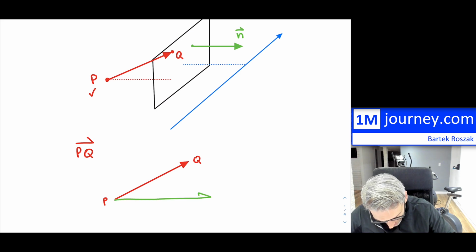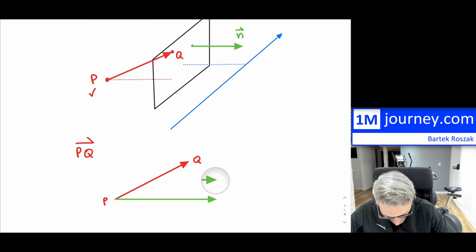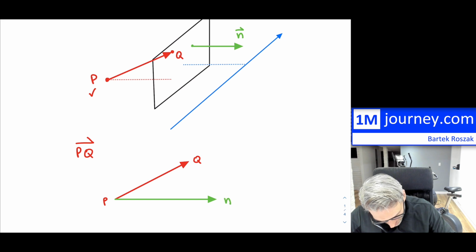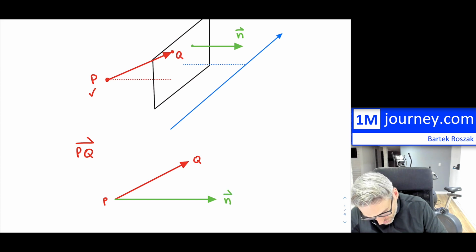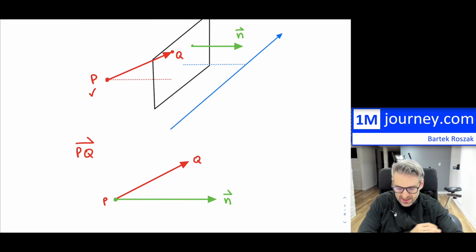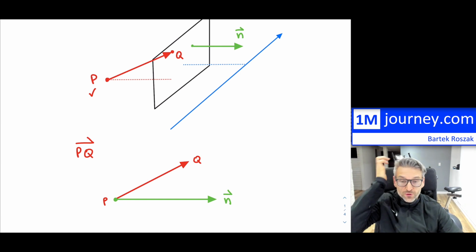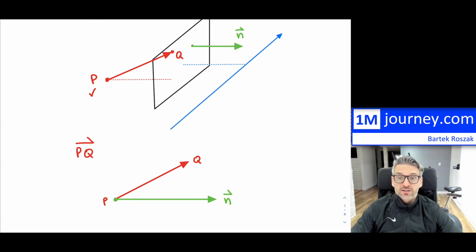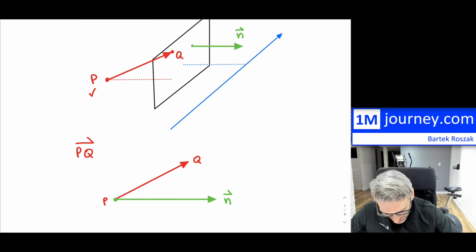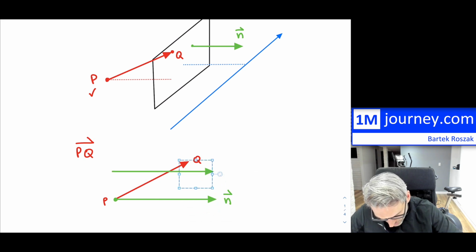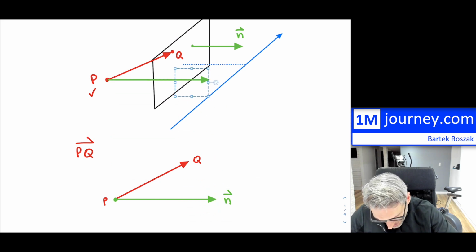So I'm going to put my normal somewhere over here, and this would have been my normal. And I'm going to shift that normal, so I'm going to translate it so that it is at the exact same point P. So if we wanted to find the shortest distance, because we know that the normal is perpendicular, if I would take this and place it right there.